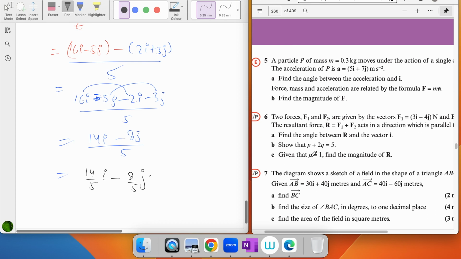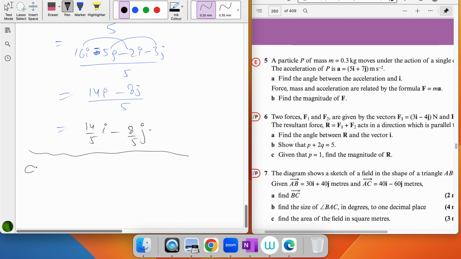Okay, now mass is being involved. From kinematics we are going into dynamics. Question number 5. A particle P of mass m is equal to 0.3 kg. 0.3 kg mass is given.